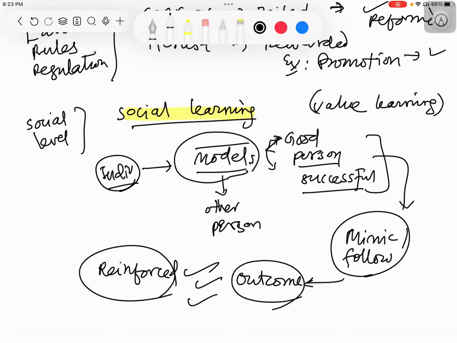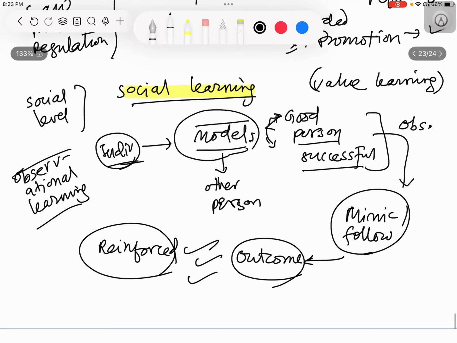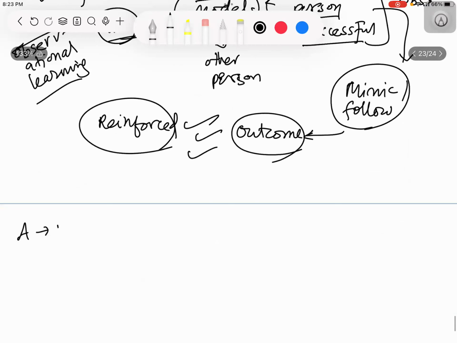Suppose the definition of success will be different, but if for you this person is successful, you will watch and observe this person, and this is called observational learning. There are many theories, we don't need to go into detail. For example, there are different stages: attention, retention, reproduction, motor activity. We don't need to go into detail.